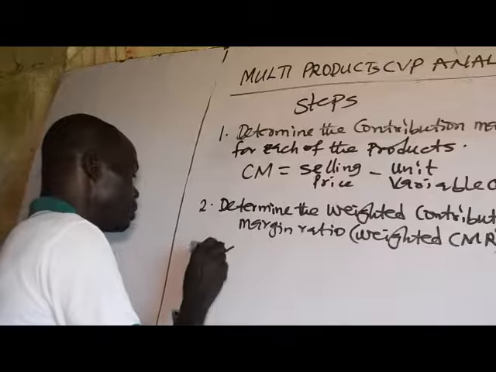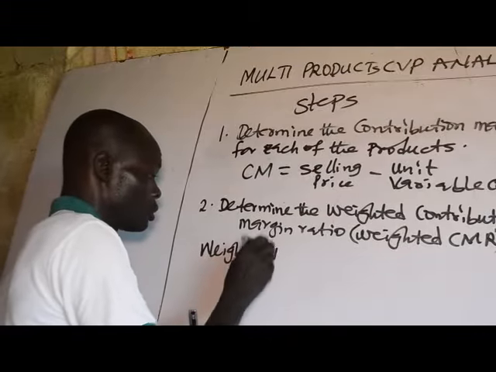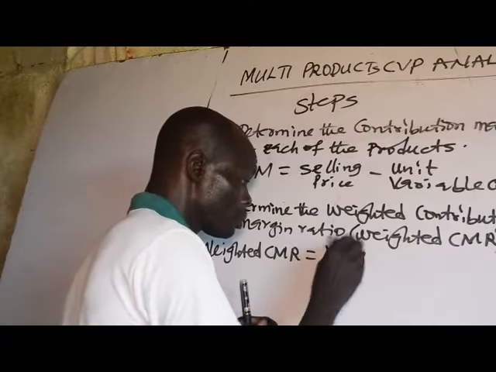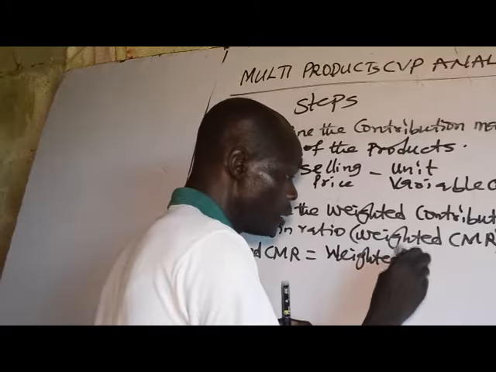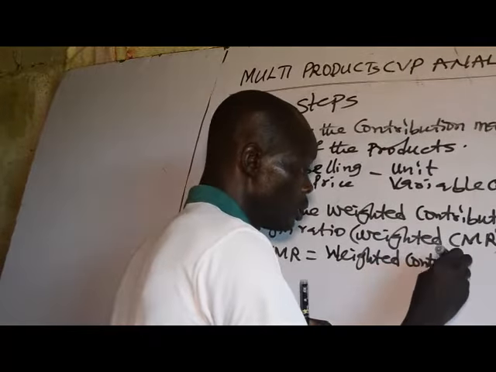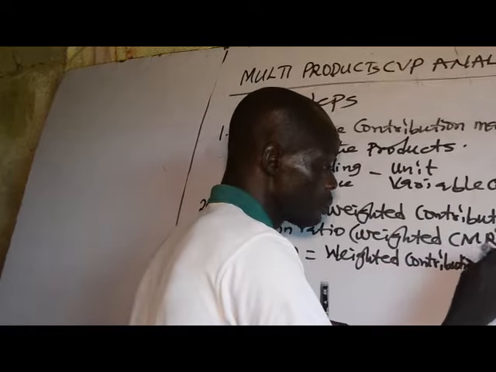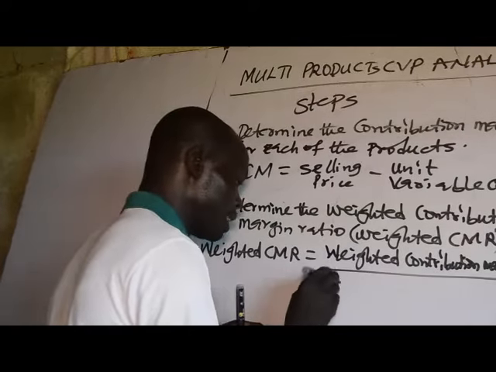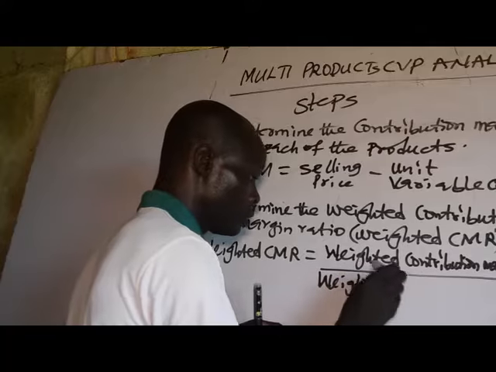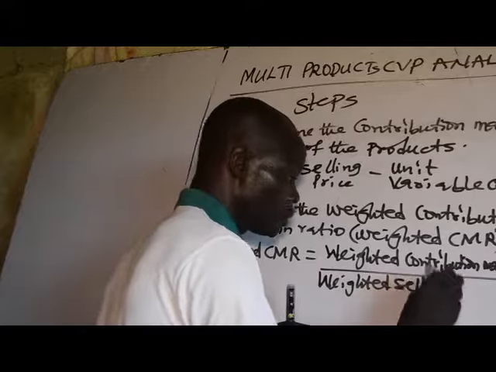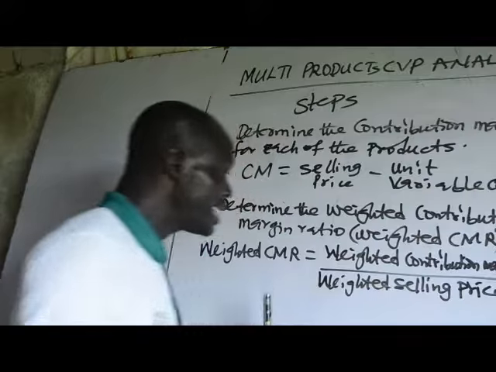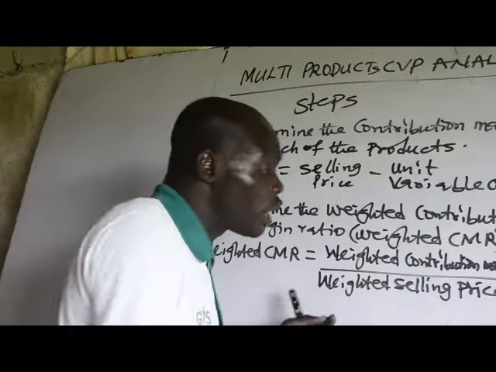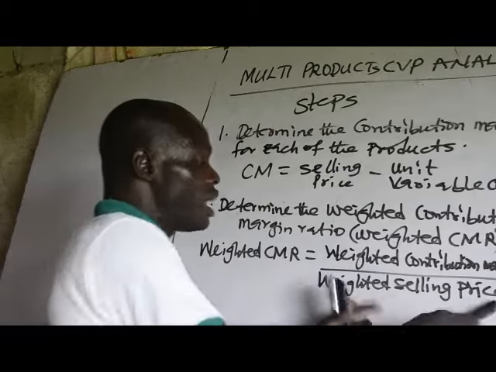Weighted CMR equals weighted contribution margin over weighted selling price. Weighted CMR equal to weighted contribution margin over weighted selling price.